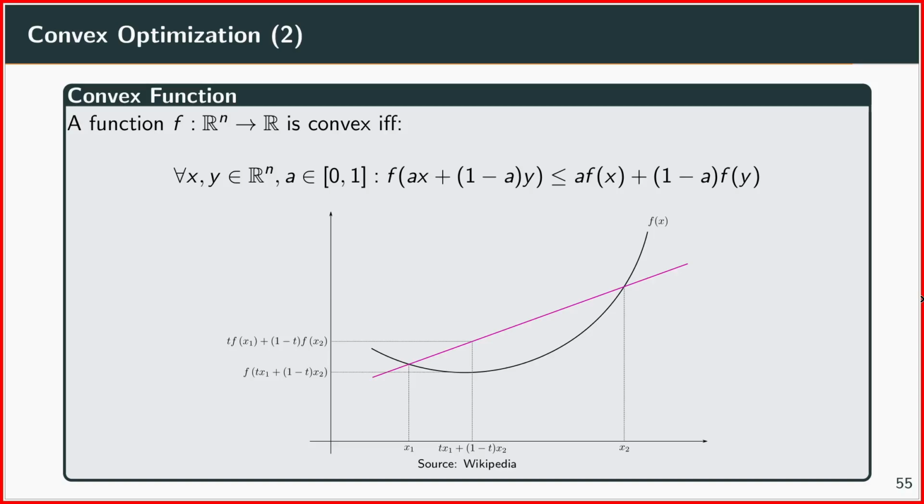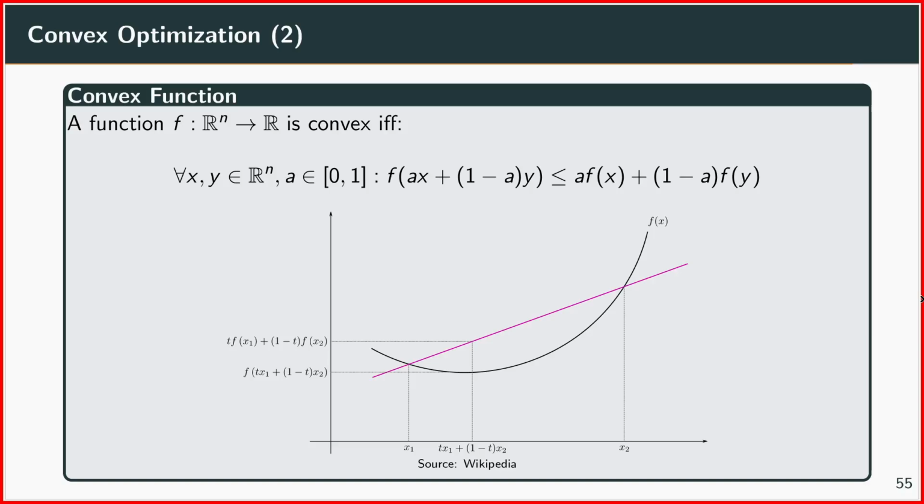So for example, you pick 2 points here, x1 and x2. You evaluate the function here at f of x1 and f of x2. You draw a line here, and then every function value between them in this range between x1 and x2 has to be actually below the line.